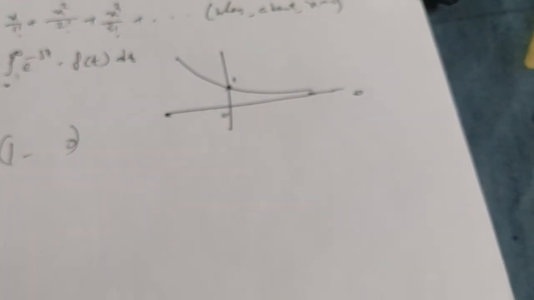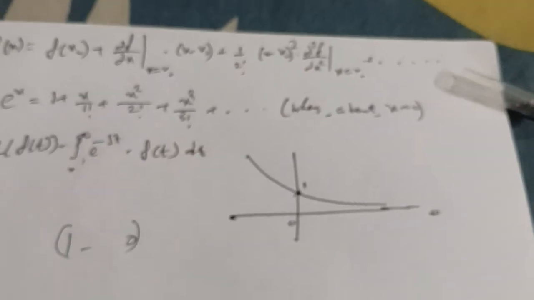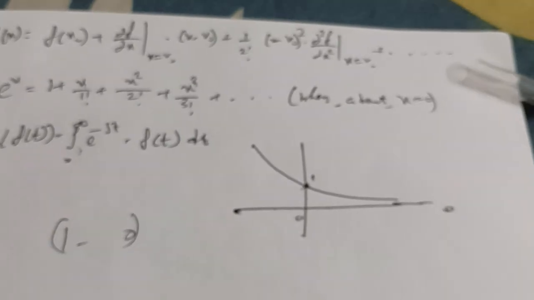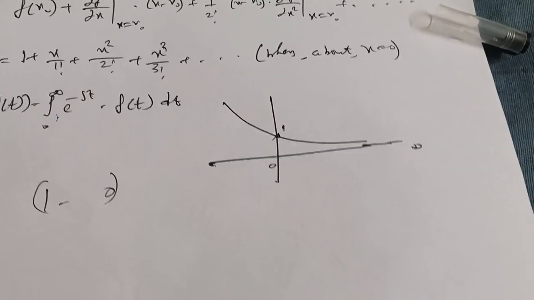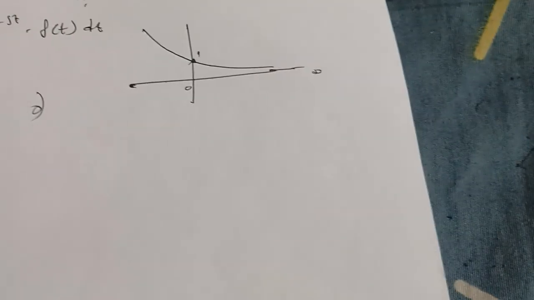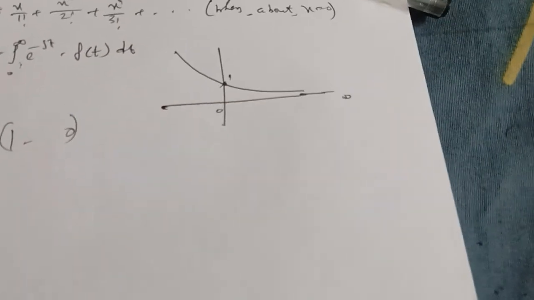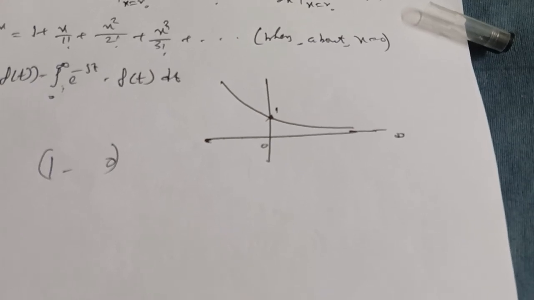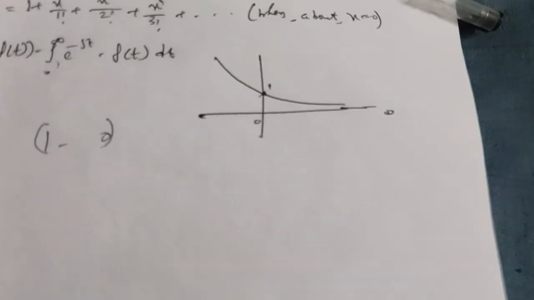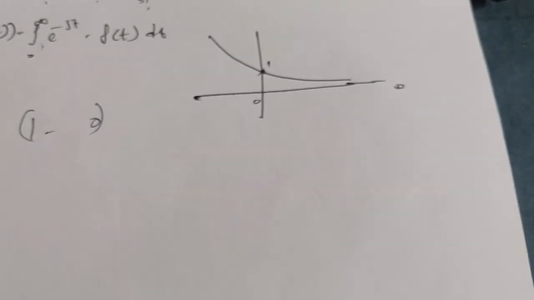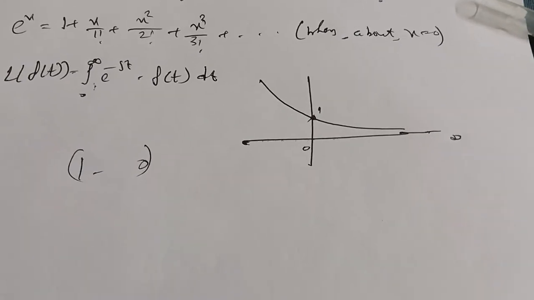From 1 it slowly goes to 0, 0, 0, as we make t's value larger and larger. That's why we can expand it about t is equal to 0.